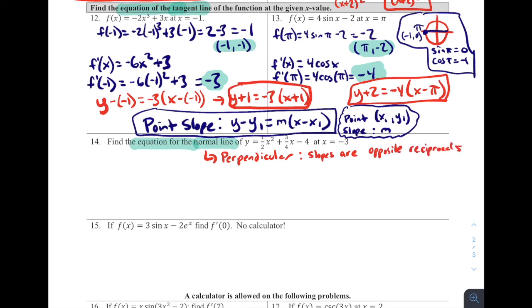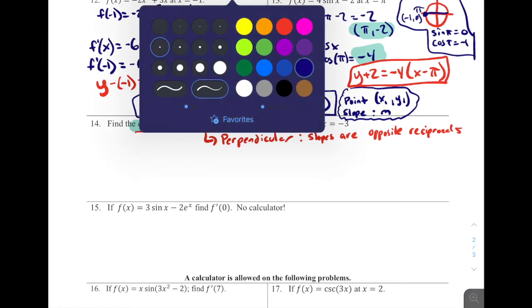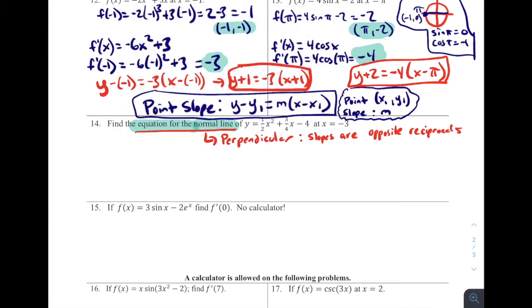But similarly here, I'm writing the equation of a line. So I'm going to need to use point slope form, which means I need to know the coordinate that it's going through, and I need to know the slope of that perpendicular, aka normal line. So my work for this one, let's first find out what y of -3 is.